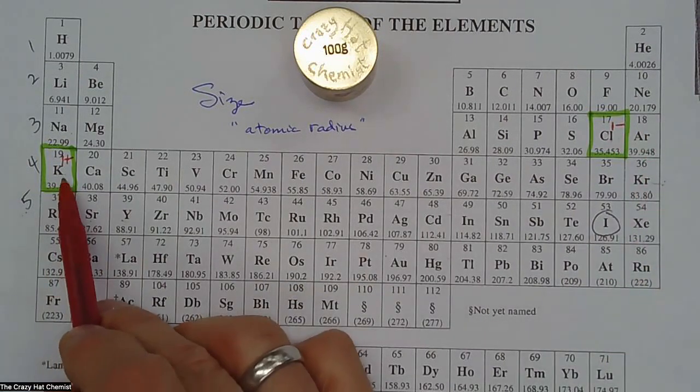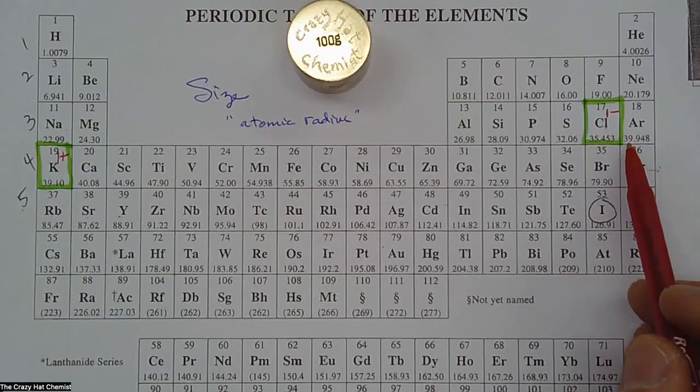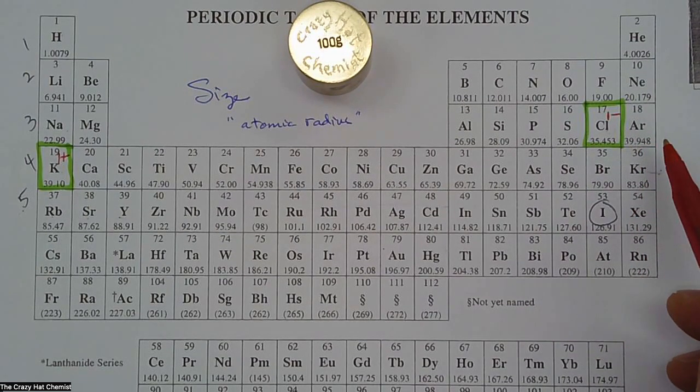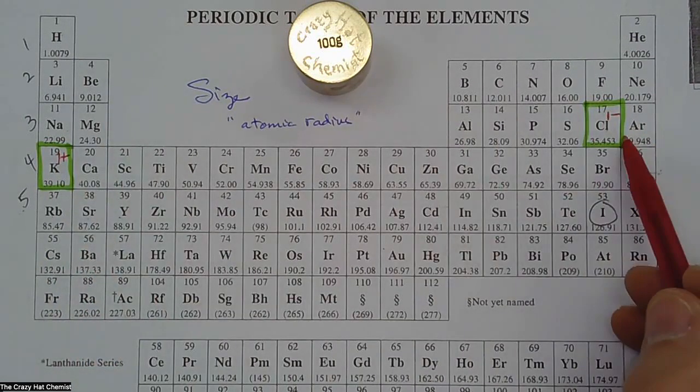So notice the potassium ion and the chloride ion have the same number of electrons. This is called isoelectronic. So iso means the same and electronic refers to electrons. So these two are going to be isoelectronic of each other.